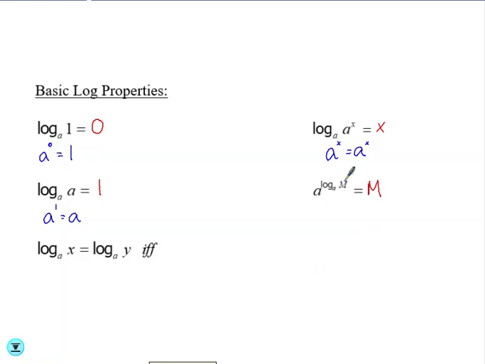If you just think about what this log part is asking, you are saying a to some power equals m, and if that's your exponent, then you have a to that power, which is m, because that's what you just asked to figure out. Our last property is log base a of x equals log base a of y, if and only if x equals y. And that'll be very useful when we solve logarithmic equations later.